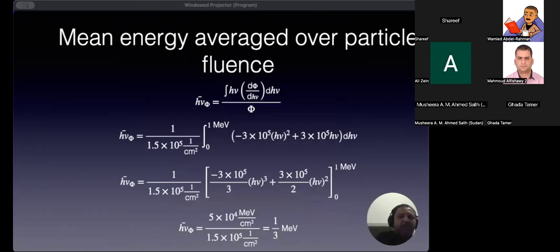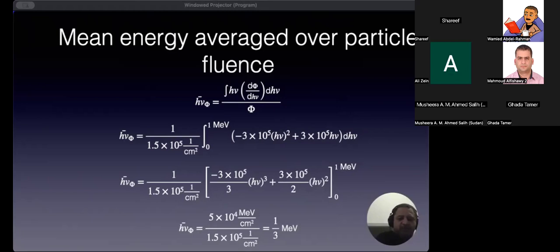What is the mean energy averaged over the particle fluence? We're going to utilize this formula. This is the particle fluence density. We multiply first by the energy and take the integration of this. On the bottom, we just need the total particle fluence, which we already calculated in the previous slide.